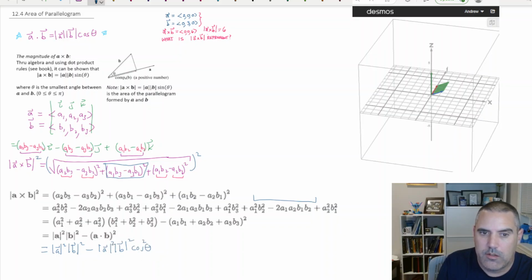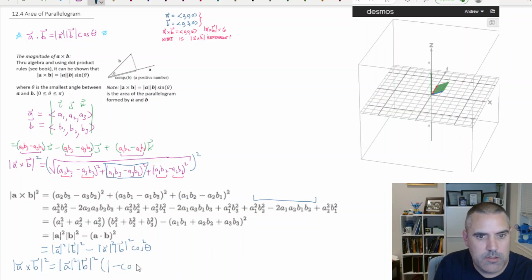And then a relatively nice thing happens. Here's what we get. We get this squared. We factor this out. And we get 1 minus cosine squared. And that's the same as sine squared.